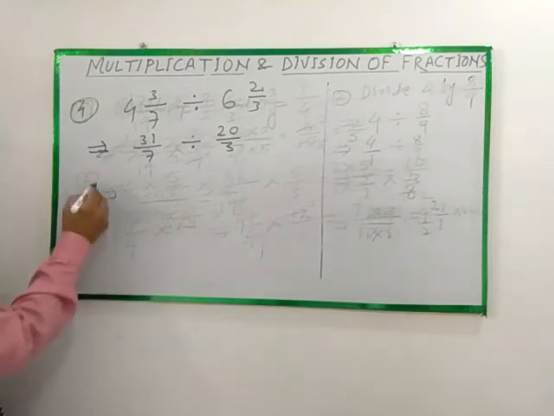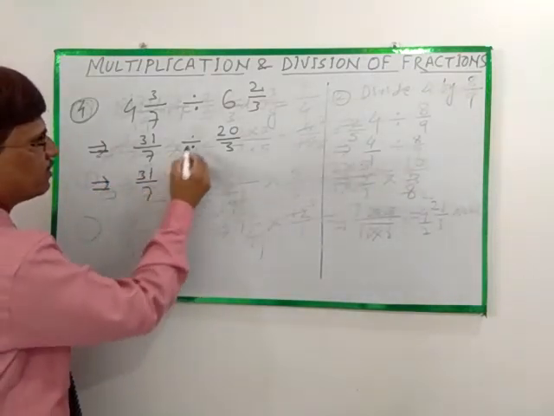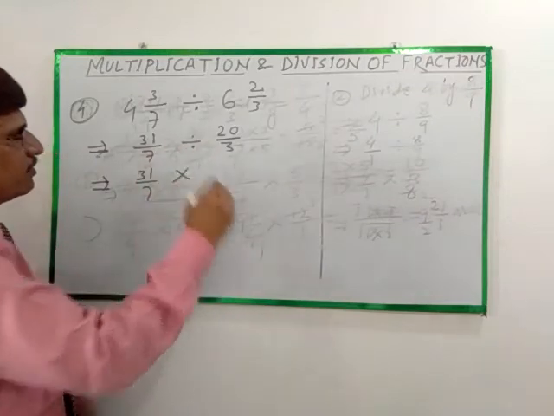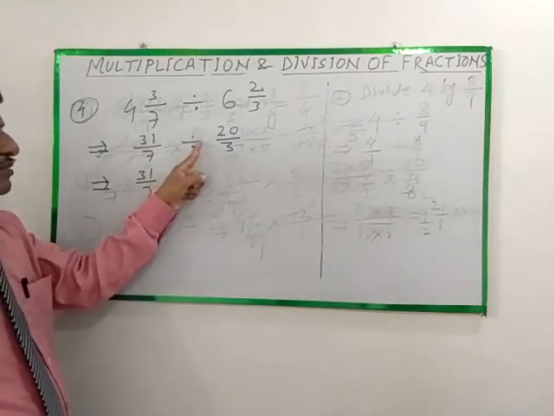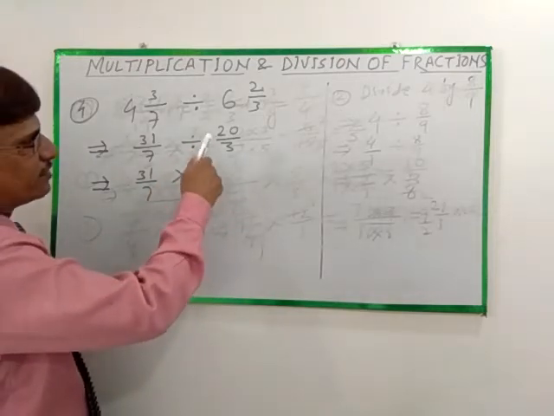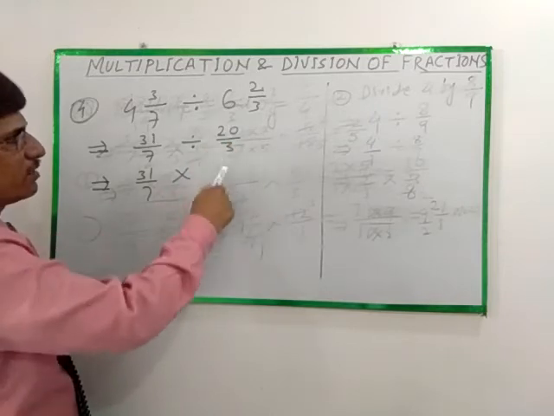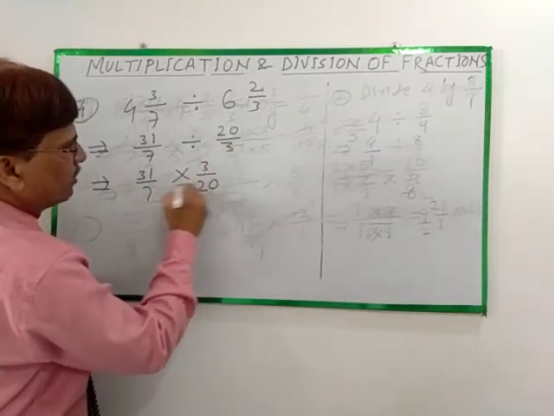Okay, now 31 upon 7, we convert division into multiplication and then write the inverse of 20 upon 3. So 3 upon 20.